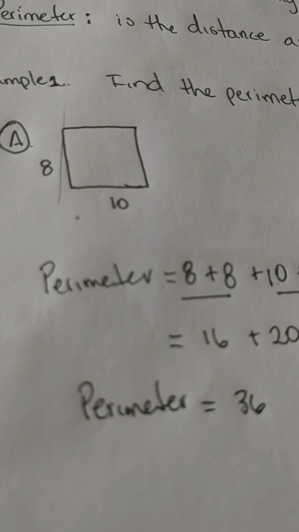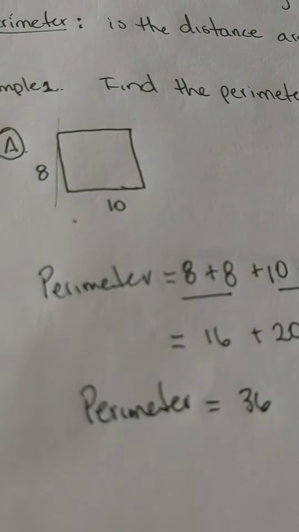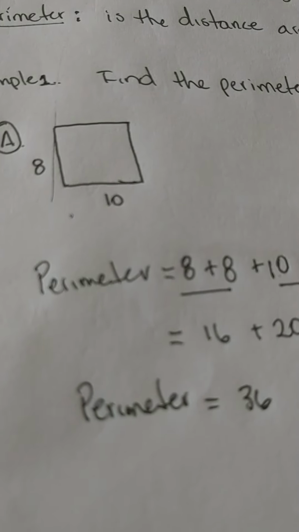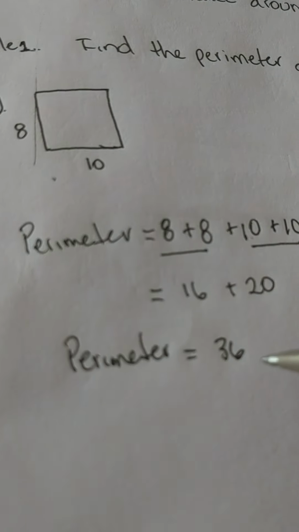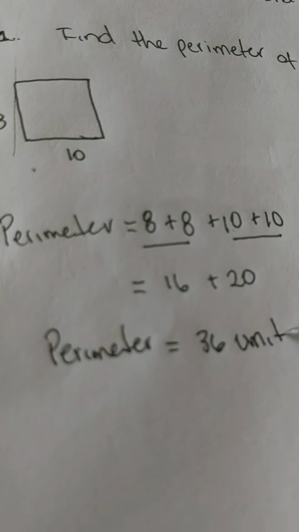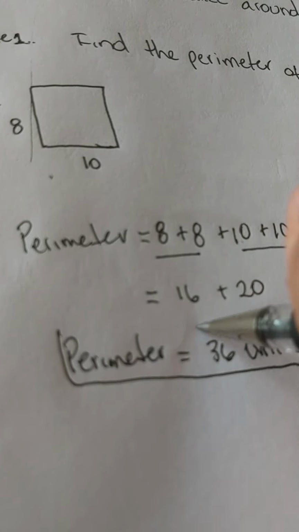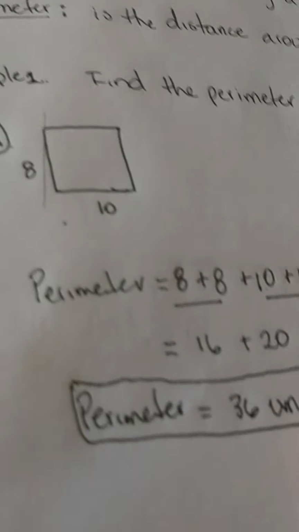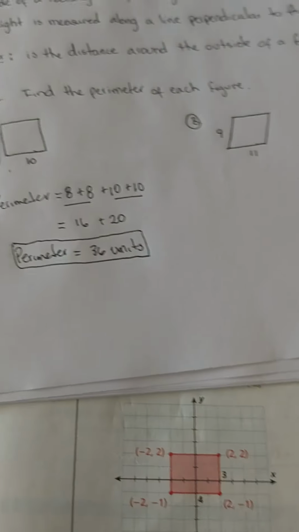Remember, in this case, they don't give us any unit of measure. We don't know if they're centimeters, meters, feet. We don't know. So our answer must be given as 36 units. Okay, so this is one way of doing this problem.